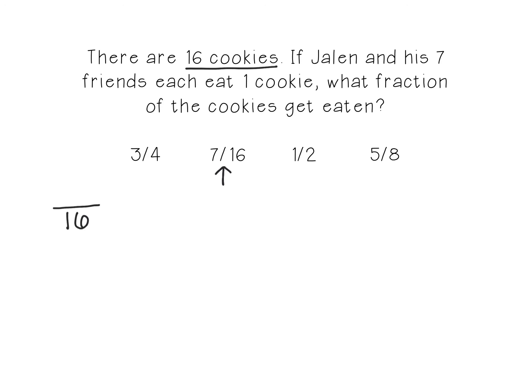The question tells me that Jalen and his 7 friends each eat 1 cookie. So if I have Jalen and 7 of his friends, that's actually 8 cookies that get eaten.